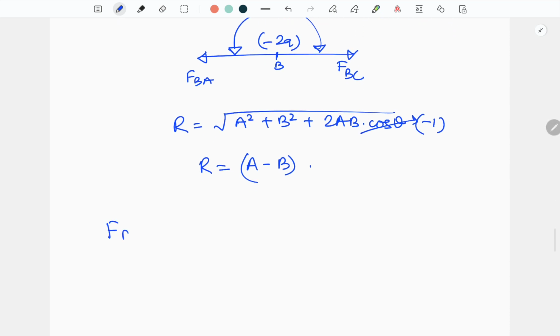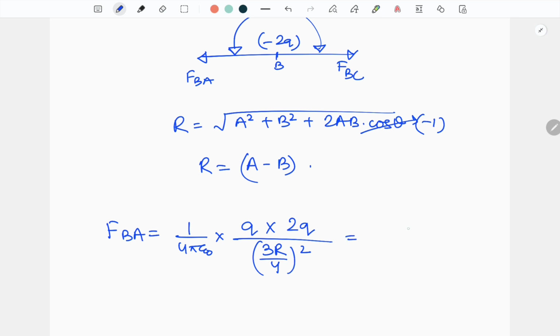Now let us first calculate FBA. Okay, so FBA will be 1/4 pi epsilon naught Q, and I told you we have to put magnitude only, so minus 2Q becomes positive automatically, and distance is 3r by 4 whole square.